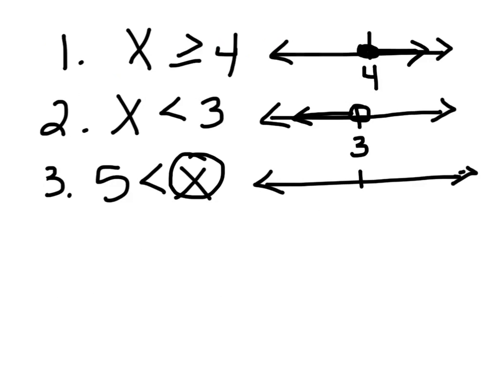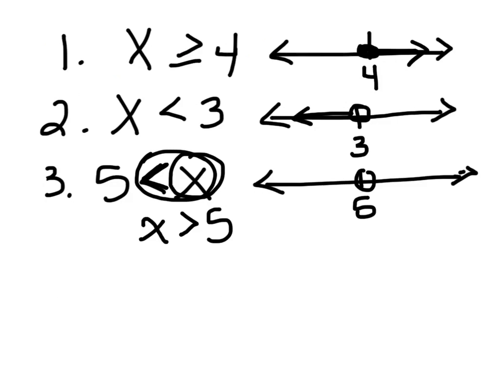If I were to read it backwards here, x is greater than 5 because the bigger side is going to the x, the greater than part. You could, if you wanted to, rewrite this as x is greater than 5. I can flip it around because the big side has to continue to face that x, and then I'll have 5. So I would have it going this way.